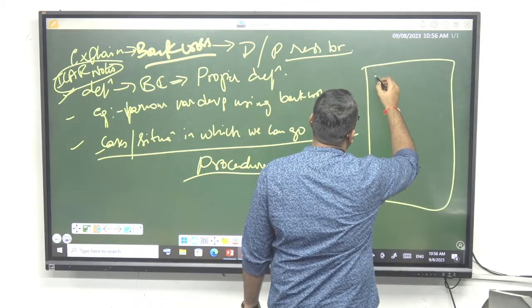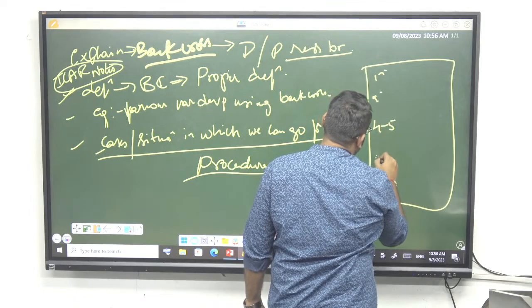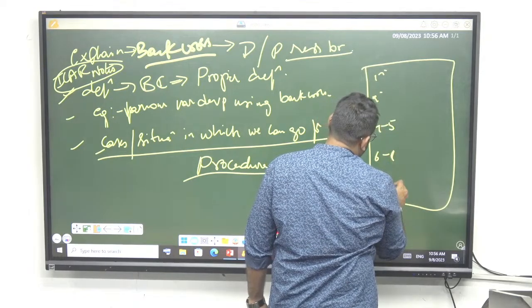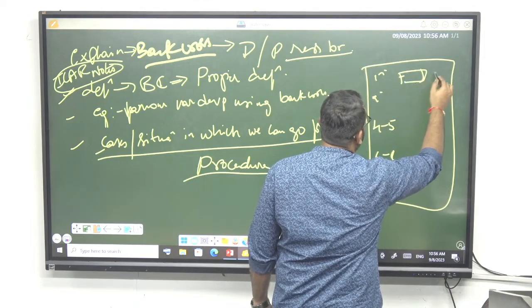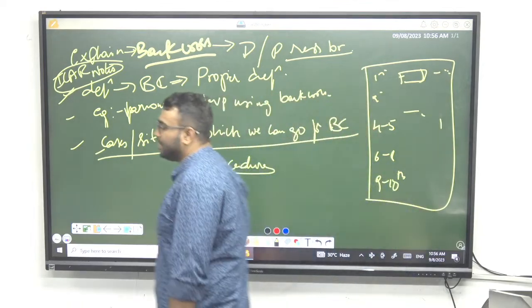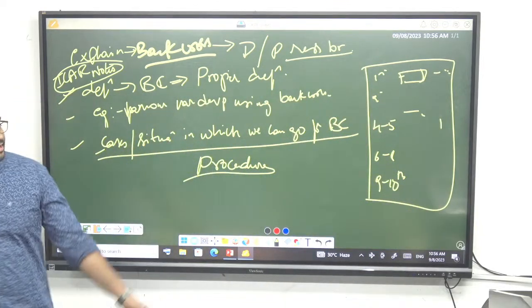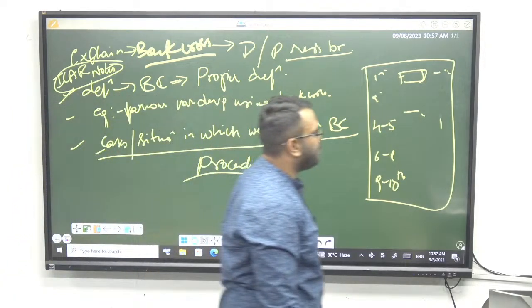For example, first year, second year, and then 4th to 5th year, then 6th to 8th year, then 9th to 10th year. So you do this sort of classification. Show the major events which will be happening here and the major outcomes in each stage. If you present just that much, it is good enough. Clear? Because that is much easier for even the evaluator to understand, and also easy for you to represent the content.